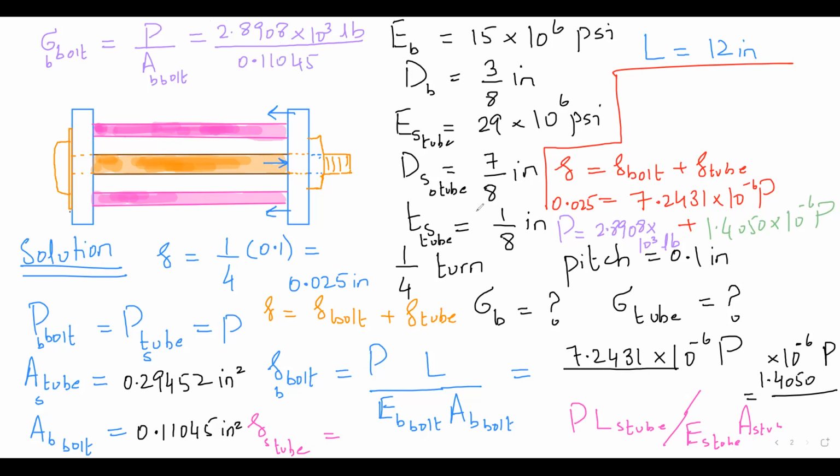Then this is inch square, and we get 26.2 kilo pound per square inch.